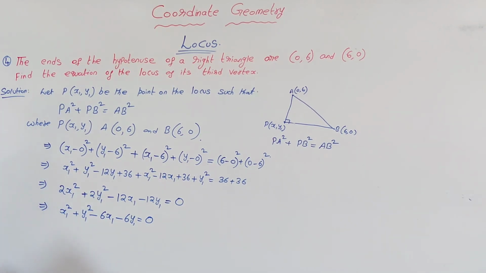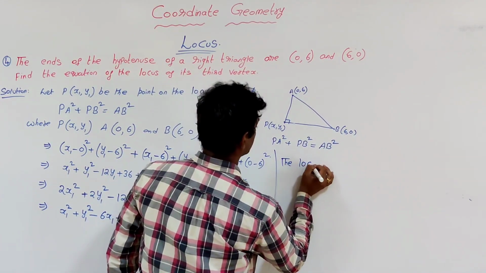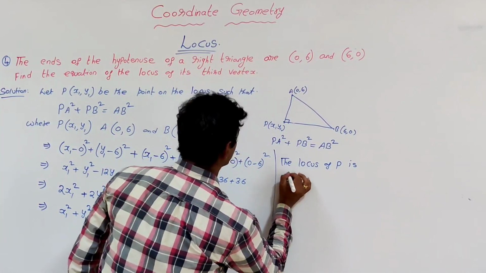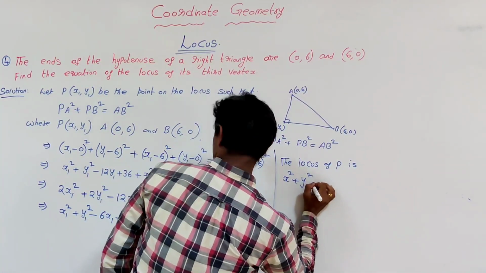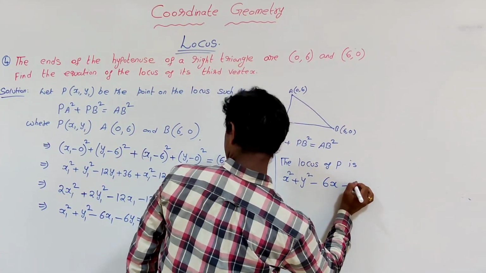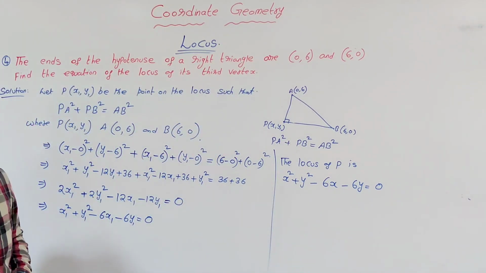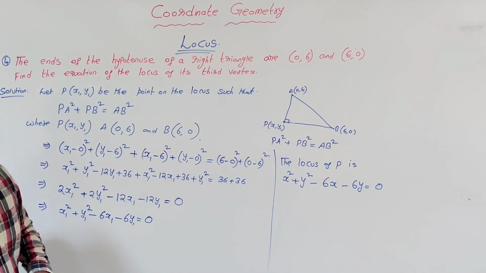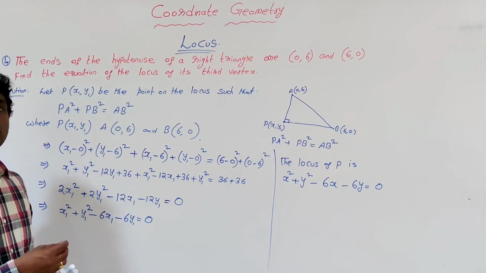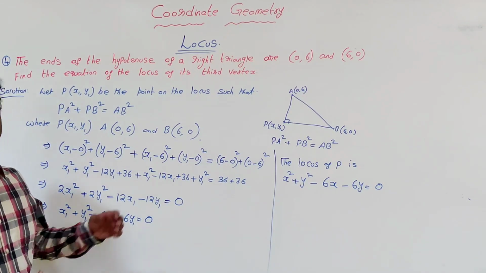So this is the equation of the locus. Locus of P is x square plus y square minus 6x minus 6y is equal to 0. Now if you substitute (0, 6), it gets satisfied, and even if you substitute (6, 0) it also satisfies.